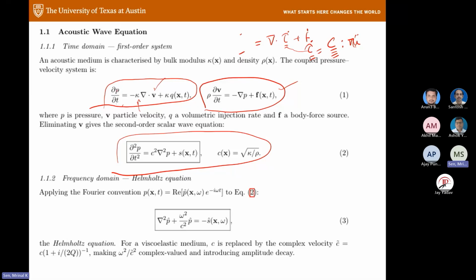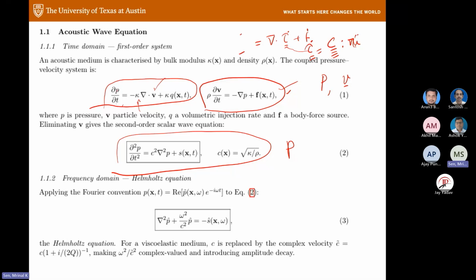Now, the first thing that you notice is that if you want to solve this particular first order system, you have two field variables. One is your pressure P, and another is your particle velocity V. On the other hand, in a second order system, you are actually solving for only one field variable, which is P. So this may appear like an advantage.